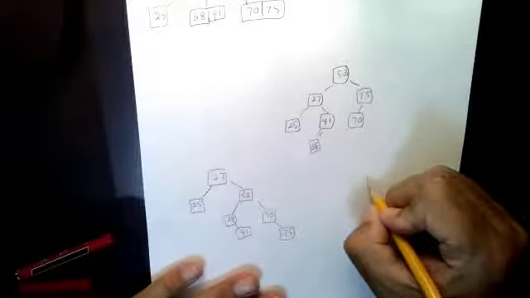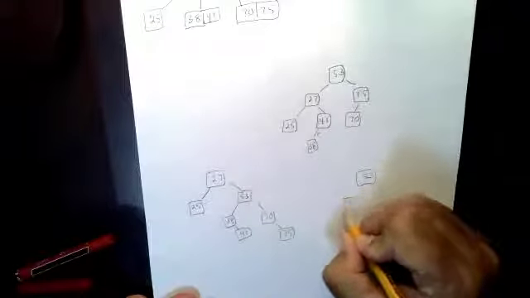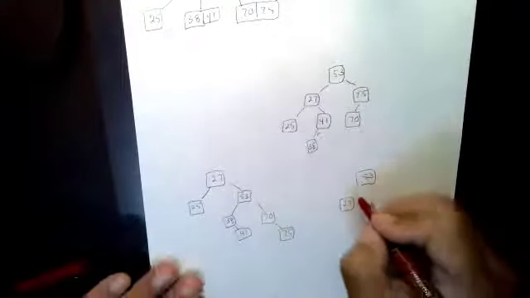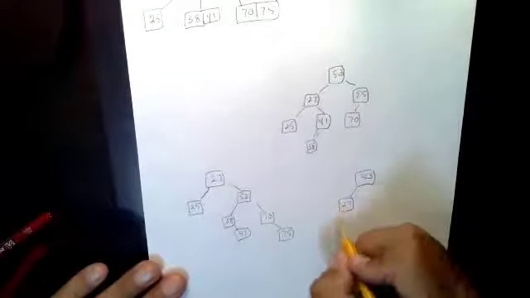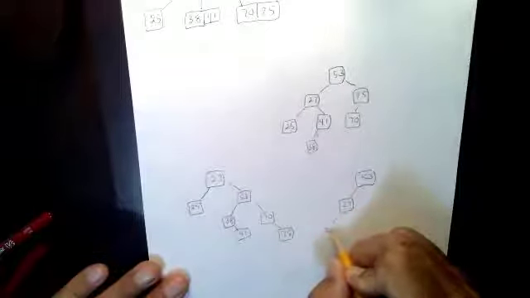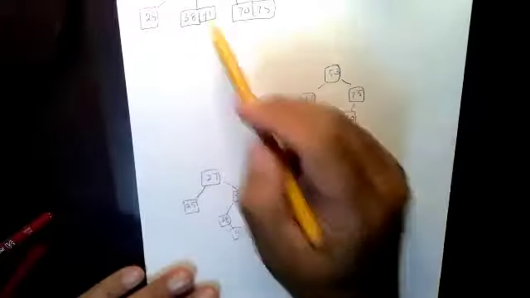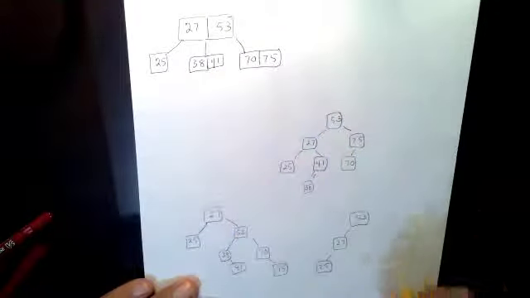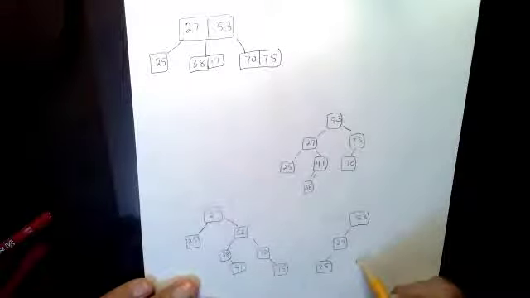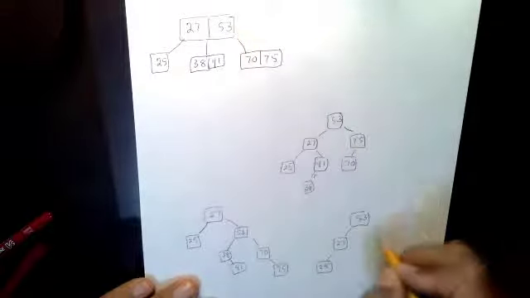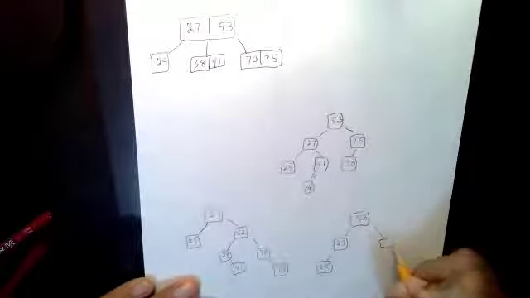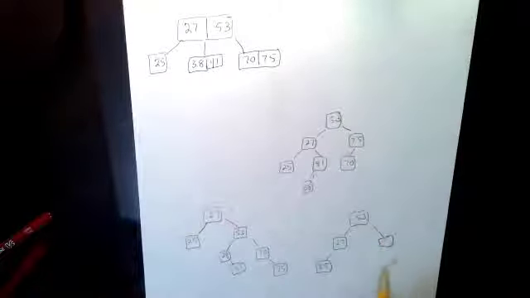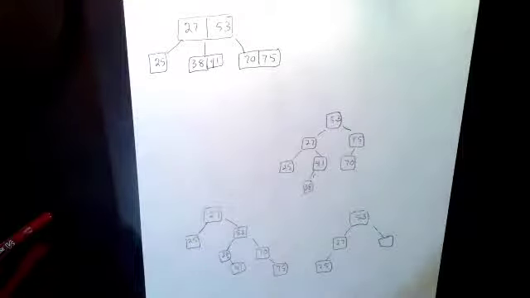My other choice, what if I put 53 up here? That means its sibling is 27, and that would in fact be a red. From 27, I have a black, which is 25. From 27, I come down and have 38 and 41. When I leave 53, I'm going to come over here, and I'm going to have one of these two, 70 or 75, and then a connector to the other one.